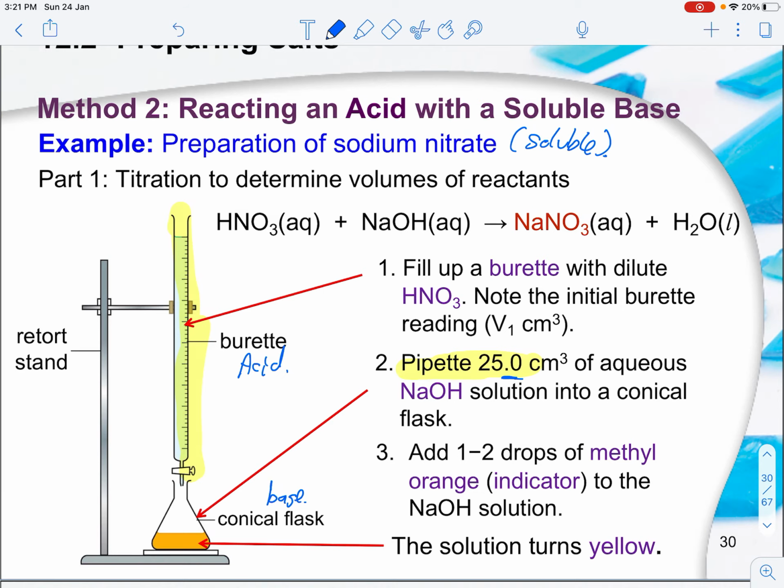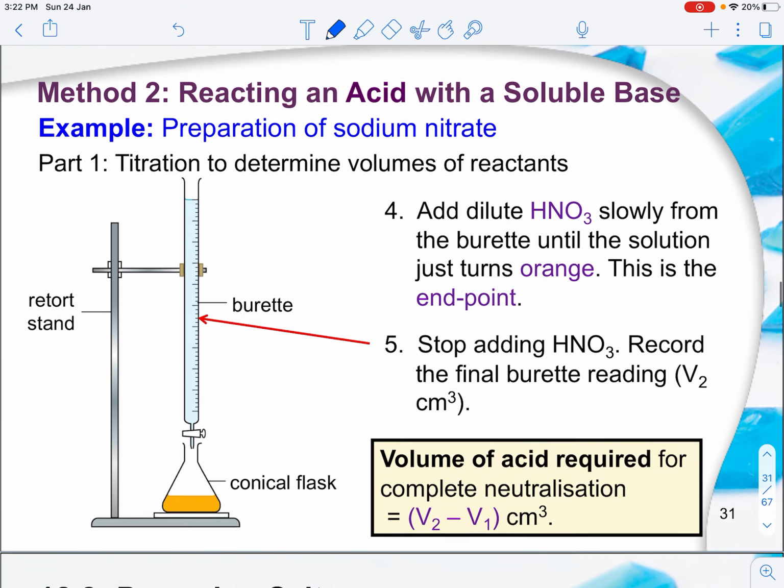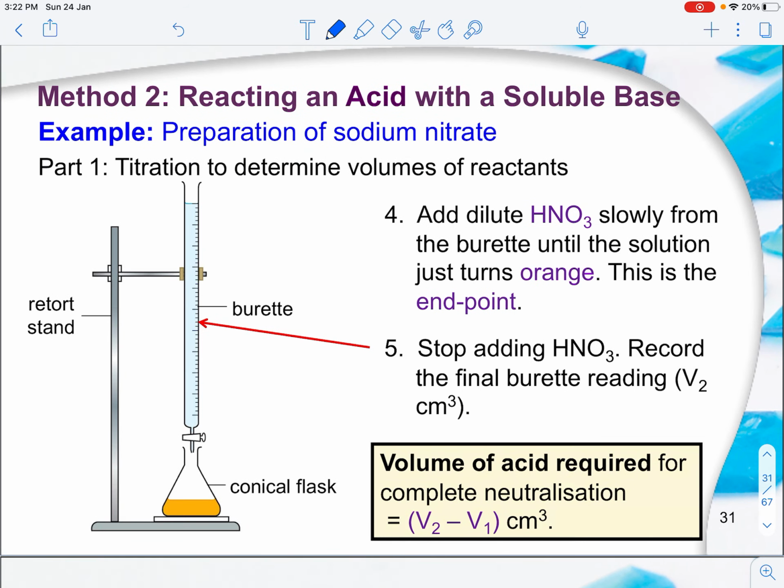Of course, the solution will first turn yellow because of the methyl orange. Next, you add the nitric acid slowly until the solution turns orange, which is the end point. So it goes from yellow to orange, and then you stop adding any more of the nitric acid.